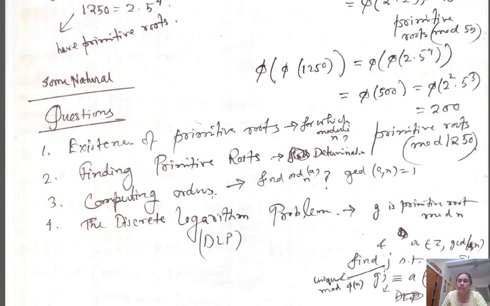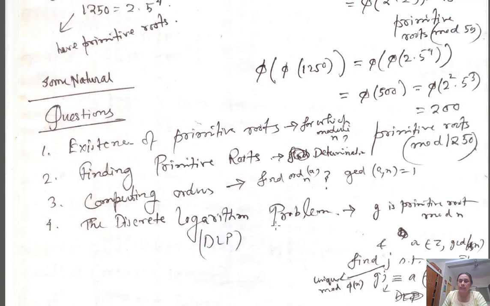And computing orders: you have to find the order of A modulo n. The order of A modulo n exists provided n and A are co-prime. Another problem we are going to discuss is the discrete logarithm problem.